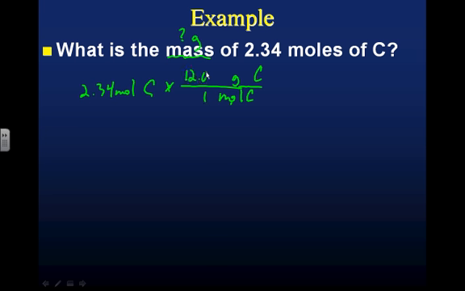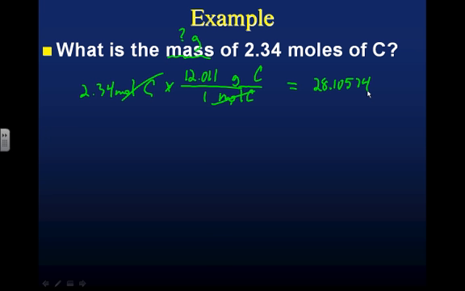Periodic table says 12.011. So moles of carbon are gone, and then you multiply those two numbers. So multiply those two numbers, see what you get. 28.10574. Anybody else?